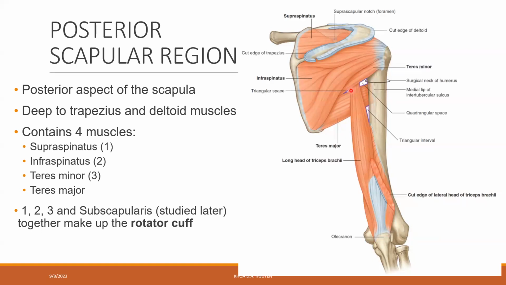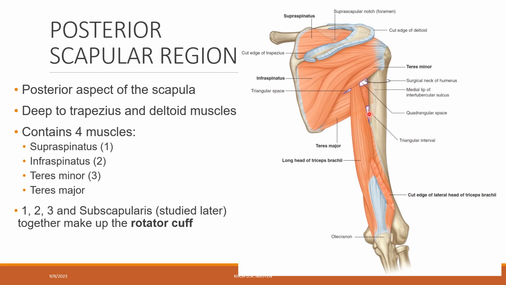This space right here, in between the teres minor, the teres major, and the long head of the triceps brachii, is called the triangular space. This space right here, in between the teres minor, teres major, as well as the lateral side of the long head of the triceps brachii, as well as the medial side of either the lateral head of the triceps brachii or the humerus, is the quadrangular space.